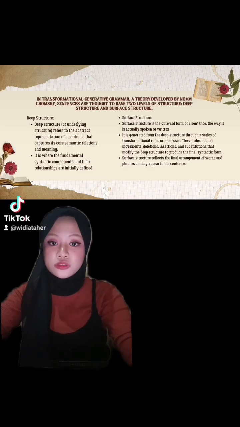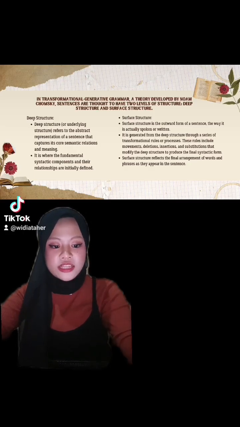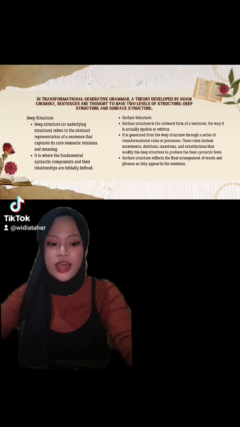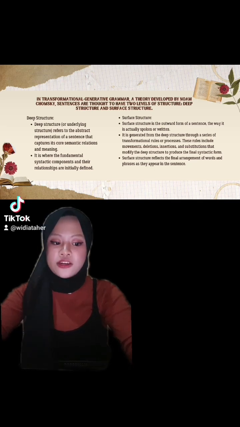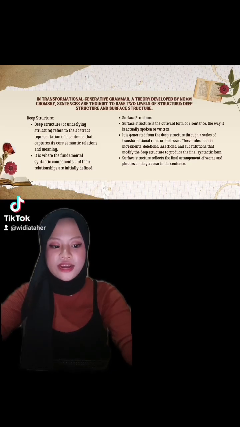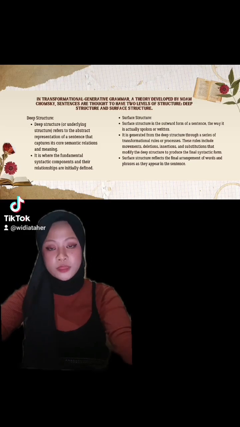These rules include movements, deletions, insertions, and substitutions that modify the deep structure to produce the final syntactic form. Surface structure reflects the final arrangement of words and phrases as they appear in a sentence.